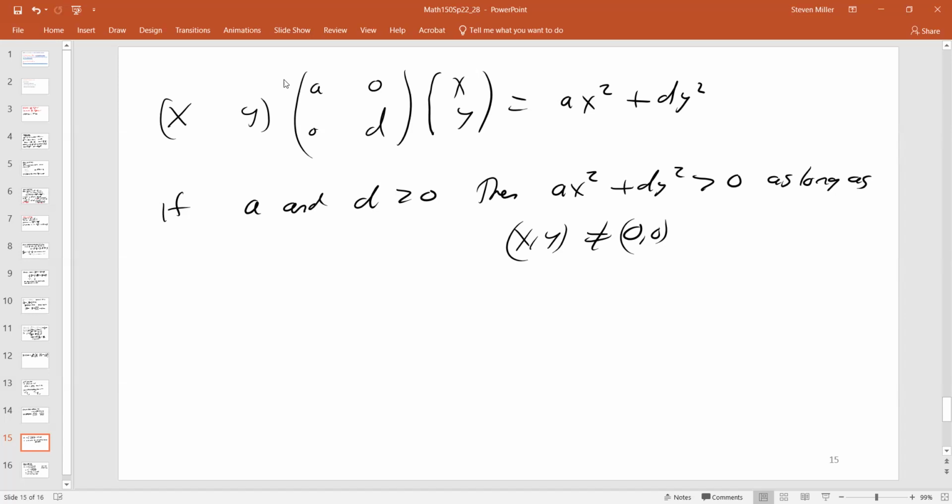So that means as long as I'm not at 0, 0, my Taylor series approximation is going to be a little bit larger than f of 0, 0. So it's always going to be a little bit larger if I move away from 0, 0. So it's going to be a minimum.